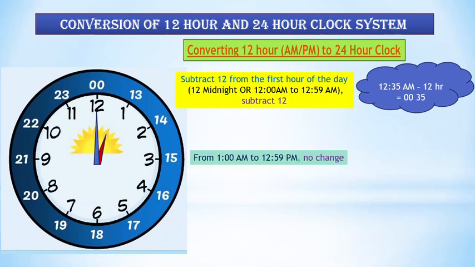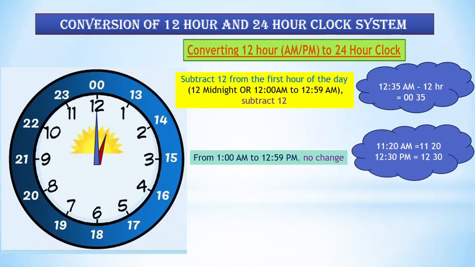Another rule: when the time from 1 a.m. to 12:59 p.m. needs to be converted, then we simply remove colons from between the numbers. There is no change needs to be made. As you can see in the example, 11:20 a.m., which is the time in 12-hour clock notation, needs to be changed into 24-hour clock notation.